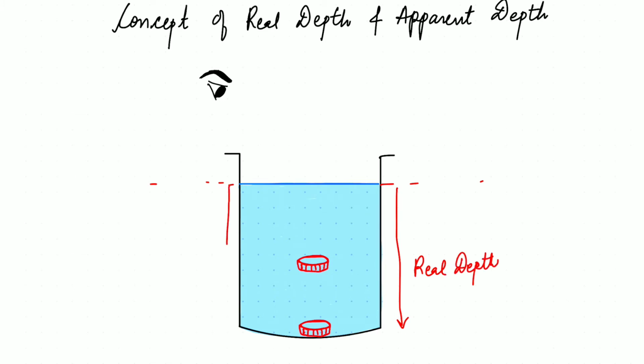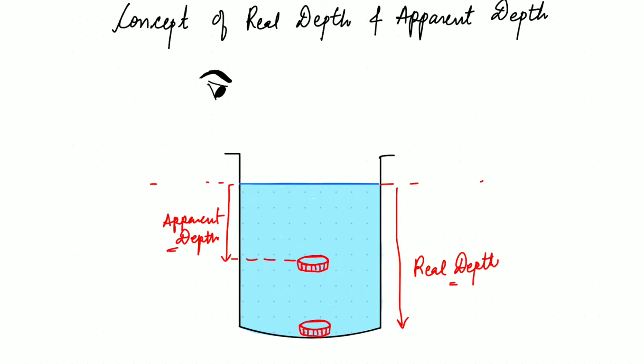And from the interface, the distance till you see your observed image is what you call your apparent depth. All right, so we will try to find out if there is any relation between your apparent depth and real depth, and it has something to do with refractive index. We are going to derive that, right?